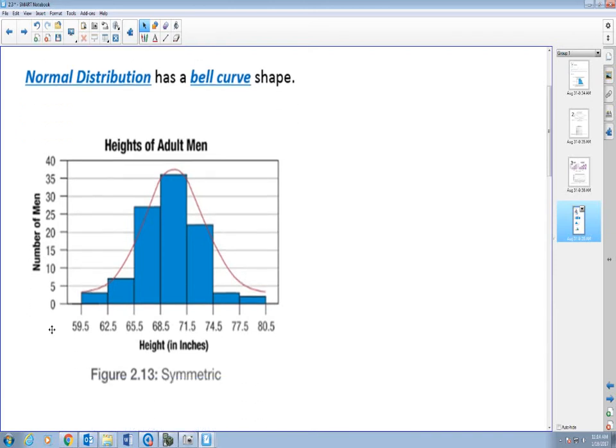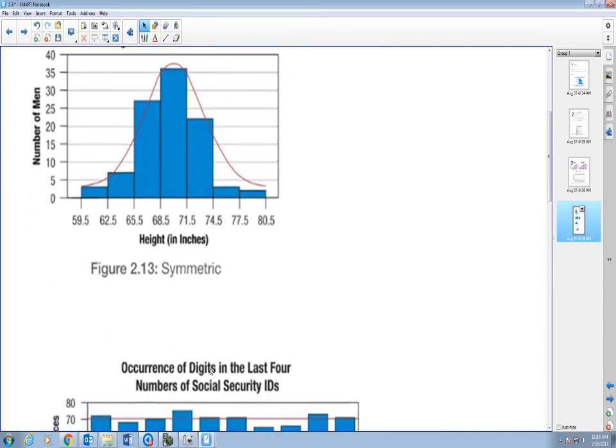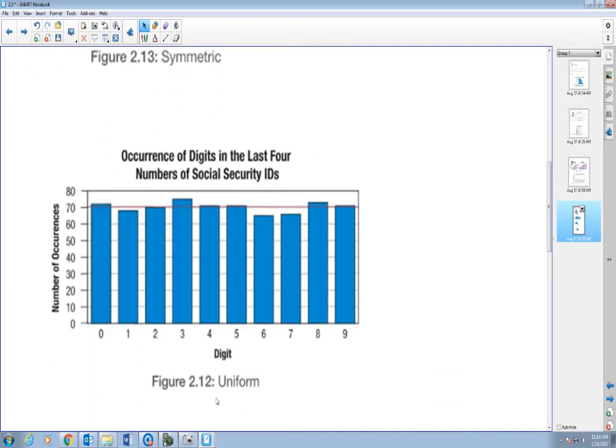If my histogram shows a bell curve shape, that means your distribution is symmetric. Uniform distribution, the picture of uniform distribution. Uniform means it's all about the same, so every one of these bars is almost the same height, so we can say our entire distribution is uniform.